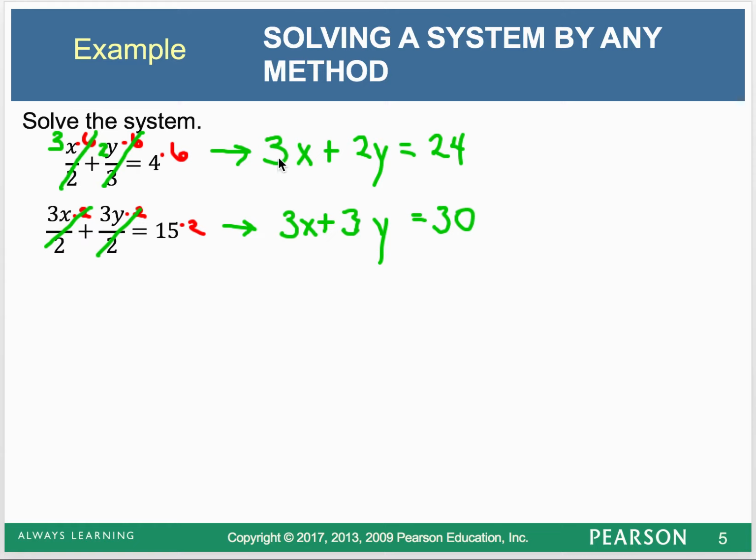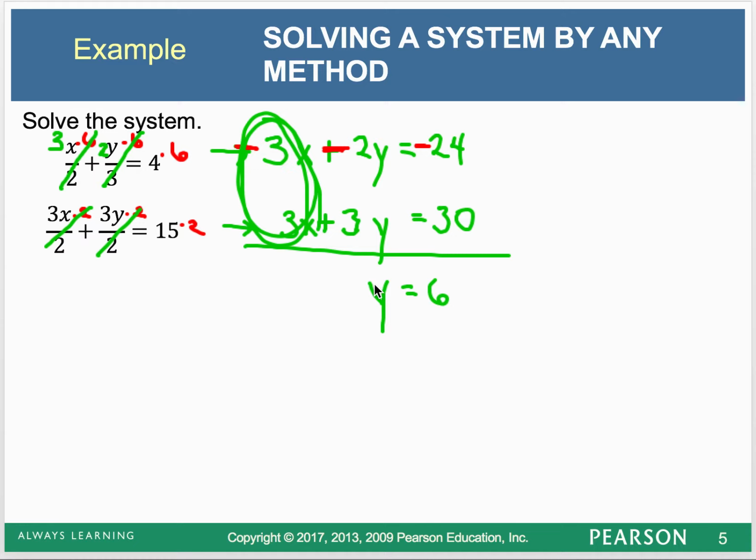So let's multiply -1 all the way through this equation. Then when I add them together, this is 0. 3y minus 2y is y. 30 minus 24 is 6. I already have the y value. I've just got to figure out the x value.